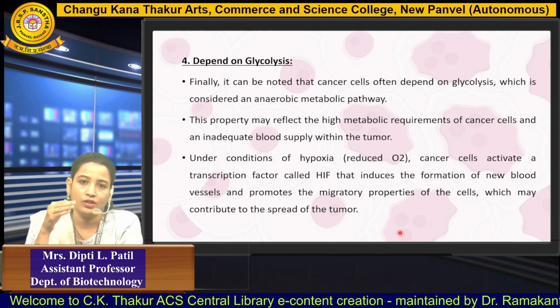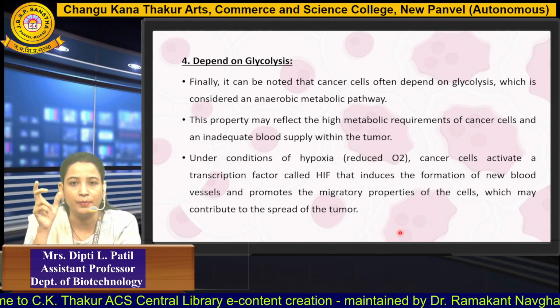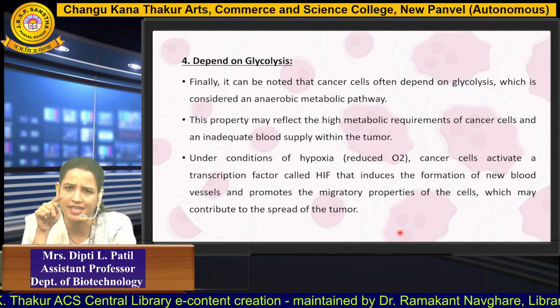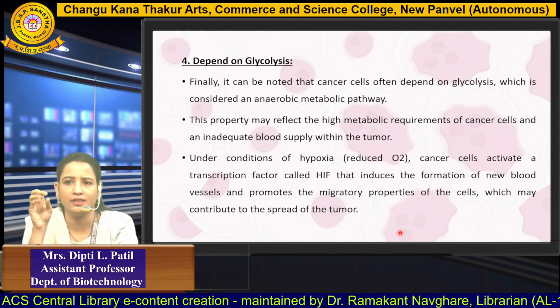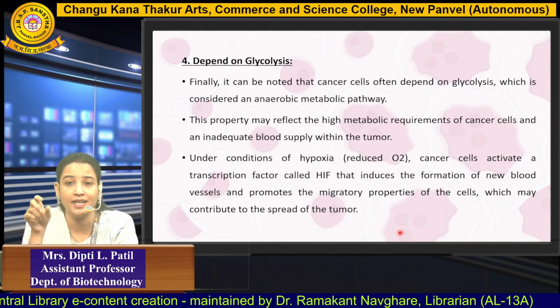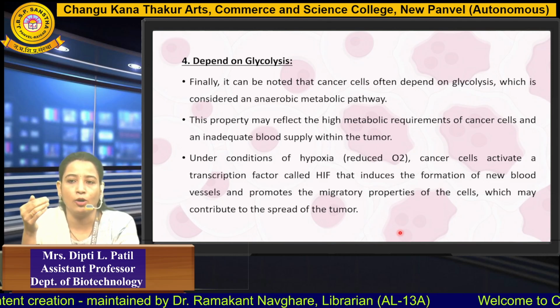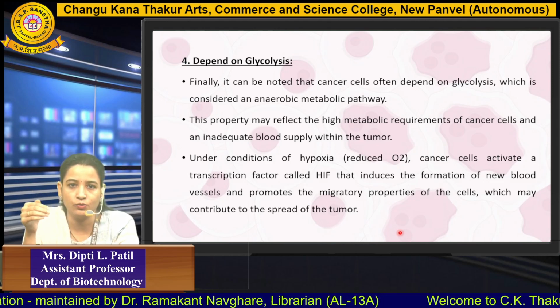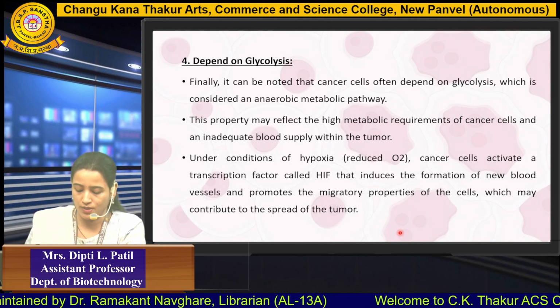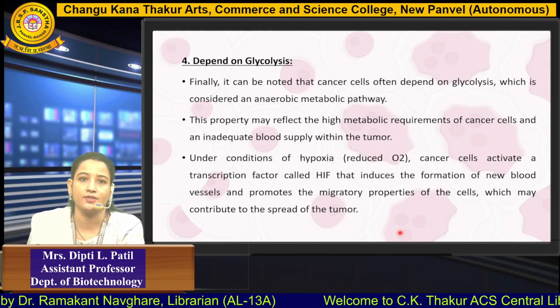See, when the tumor grows to a bigger size, the middle cells are devoid of nutrients, they don't get enough oxygen. At that time they form new blood vessels to get the optimum oxygen and the proper nutrients, and generally this process we call angiogenesis.